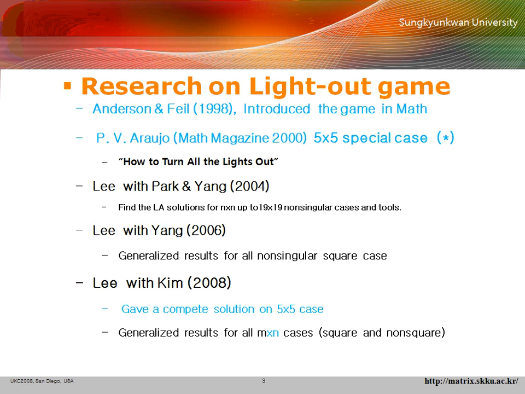Size Lights Out game. And in the year 2004, we found a linear algebraic solution for n by n matrices, n by n Go board, up to 19 by 19 non-singular cases. And we also developed Java tools on this Lights Out game of the size up to 19 by 19.